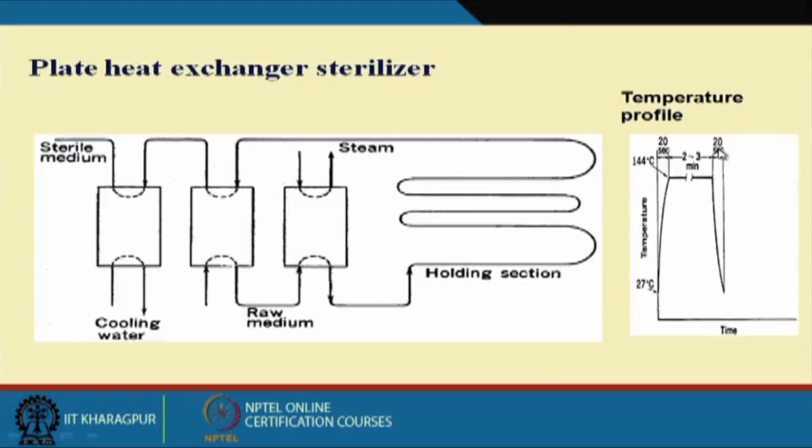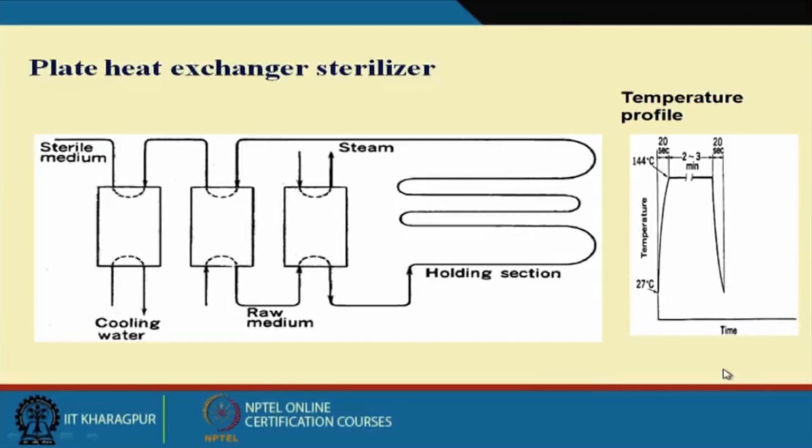Then this is 20 seconds for cooling purpose. This goes here and then passes through the chiller. The whole thing, the time required for that is 20 seconds. So this is how the sterilization, medium sterilization, is done in the industry.